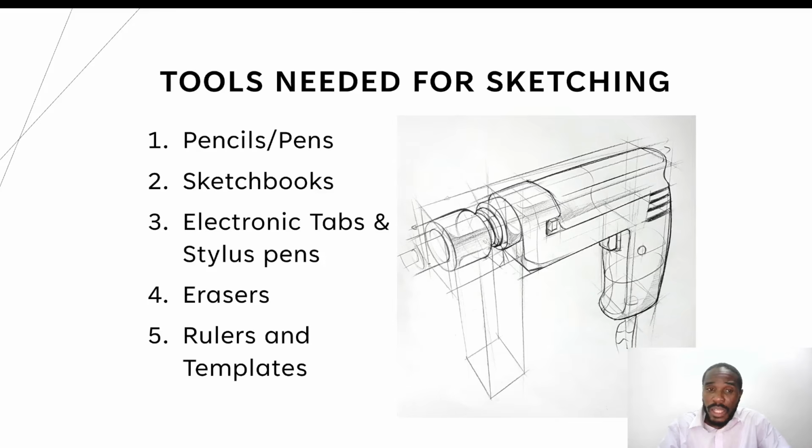Okay, and there are various tools that are needed for sketching. You certainly need a pencil or a pen. You need sketchbooks. You can still sketch on electronic tabs, which use stylus pens in place of physical pencils and pens, right? There are erasers, rulers, templates, and all of that.